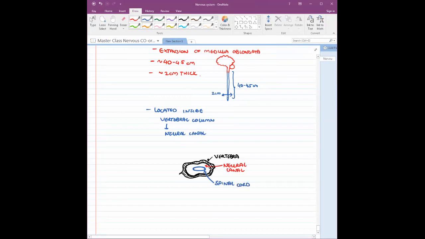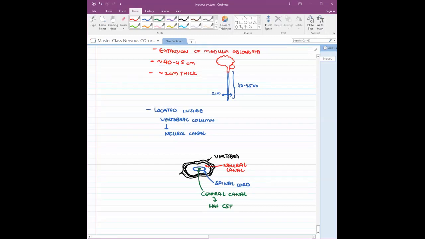Okay, and now inside the spinal cord, guys, there is going to be one more canal which is going to be running through its center. And that canal, this is called the central canal. That is known as central canal. And guys, this central canal, inside of it, it has the CSF, which is continuous with the ventricles of the brain, guys.